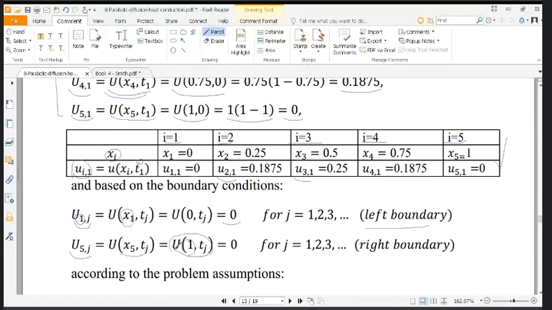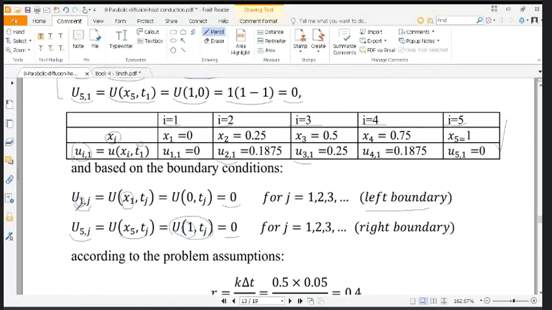Okay? And from now on, in this example, when we have u1,j for every j, it is important that the index of x should be 1. When we have u1,j for every j, we put the value of u as 0. And also for every u with indexes 5 and j, for every j, we can use 0 based on the right boundary condition.